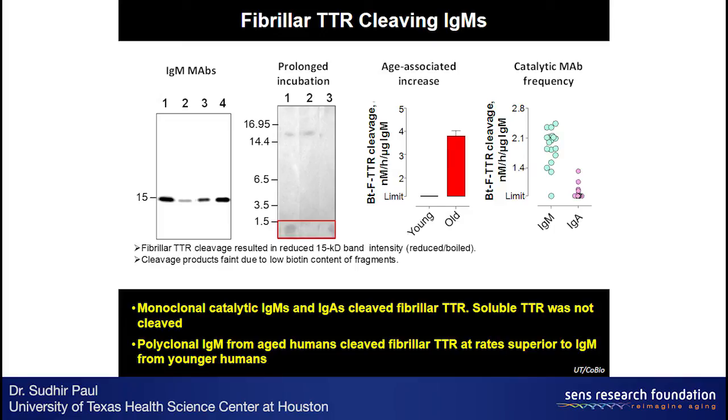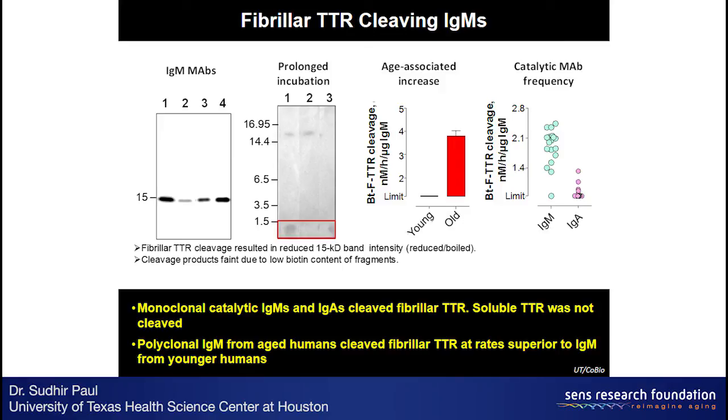As in the case of amyloid beta peptide, the amount of antibodies increases with age. So individuals 70 years and older make more antibodies than younger humans. IgMs are the best catalysts.